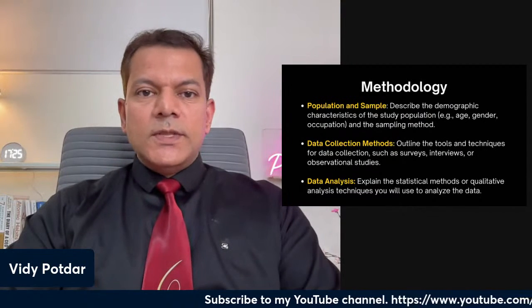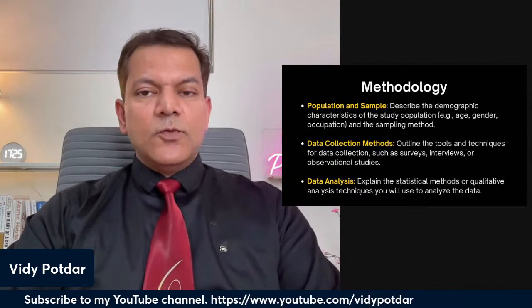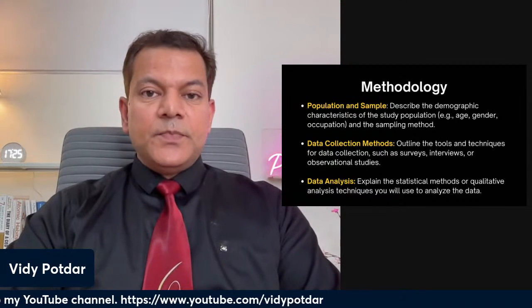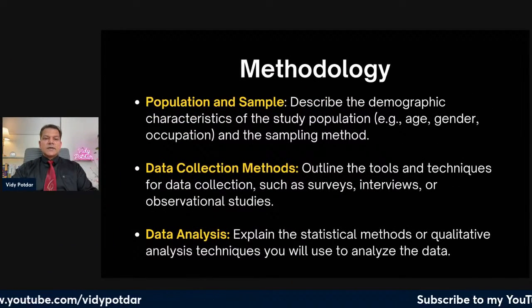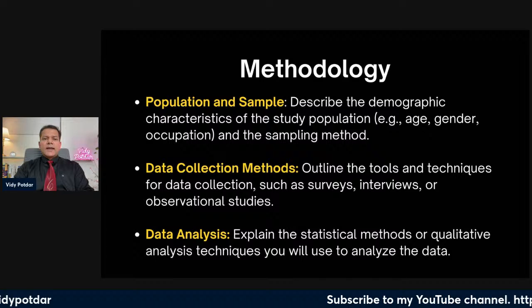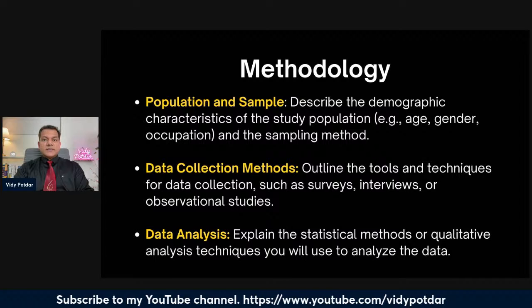Okay, so for the methodology, there are a few things that you would need to mention when you are writing a methodology. First, you have to get an idea of who is going to help you, or who is the right audience for your research.